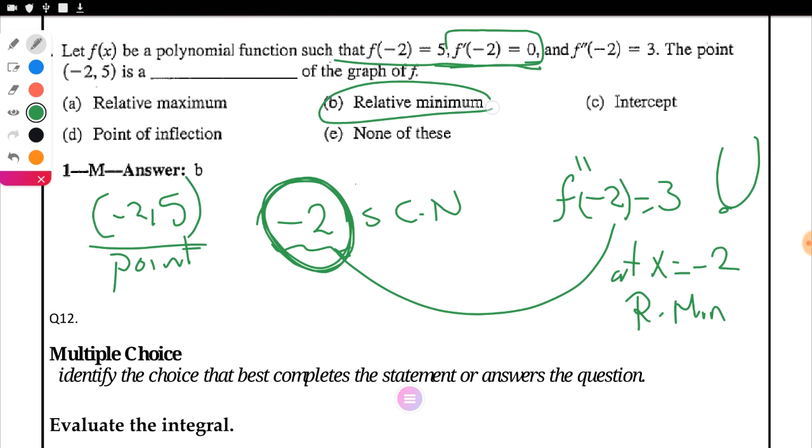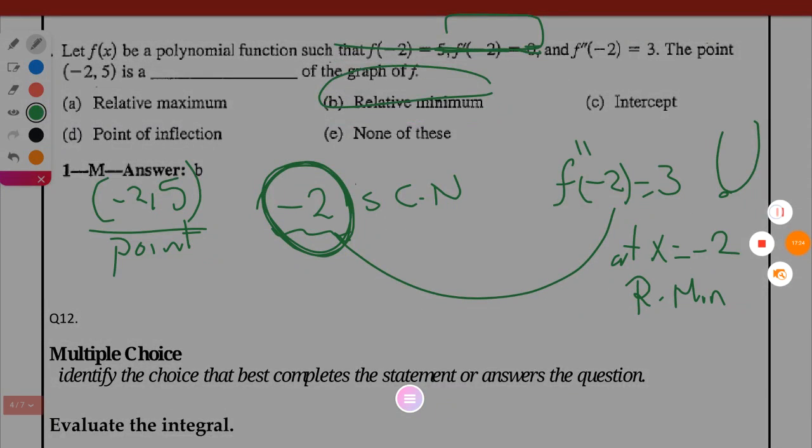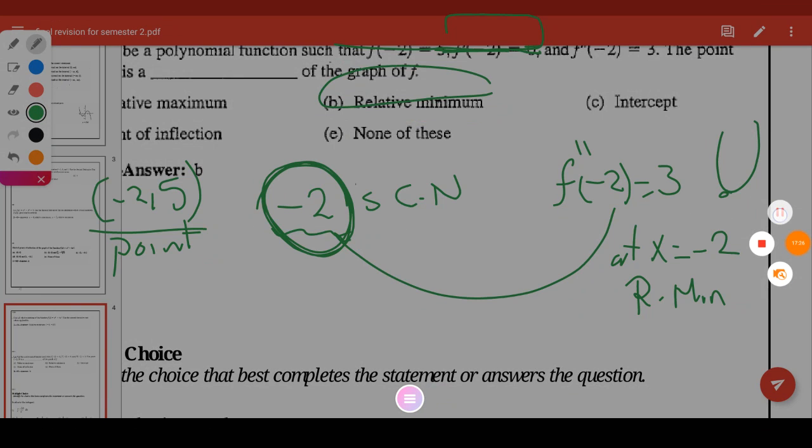Our choice is B. Just interpret each given. f of negative 2 equals 5, it means we have a point negative 2 and 5 that satisfies the function, on the graph of this function. What is the meaning of the first derivative at this point equals 0? It means we have a critical number.